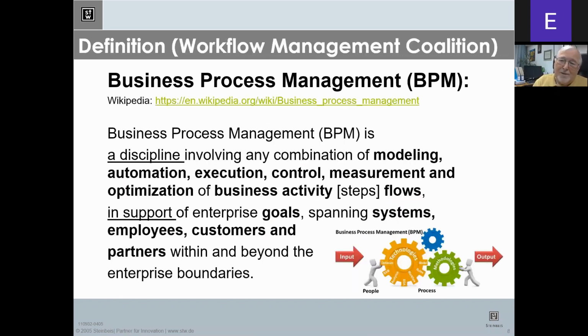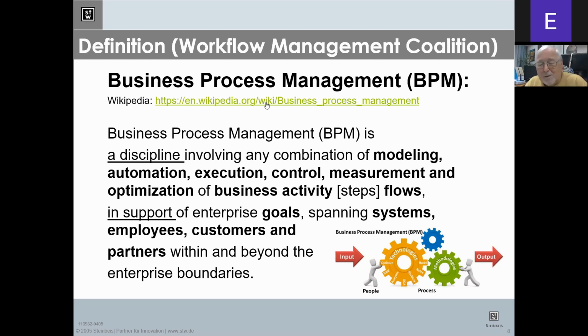And I come to the next definition. It dates already back 30 years. 30 years ago, the Workflow Management Coalition was the first organization dealing with that. And since 20 years, we are speaking about business process management. And you have here a link to Wikipedia describing this.